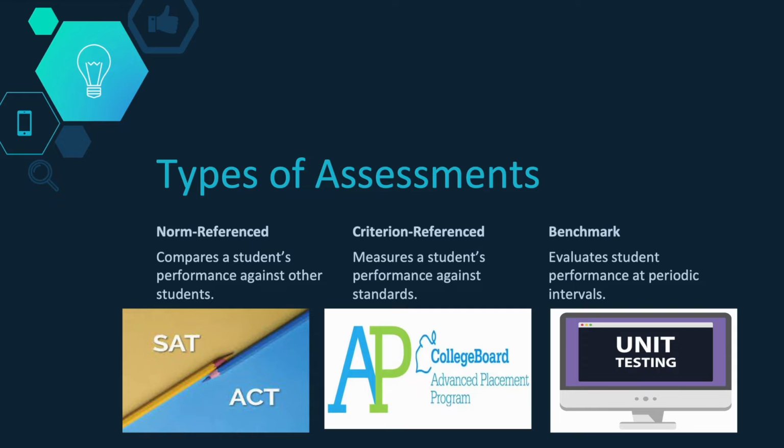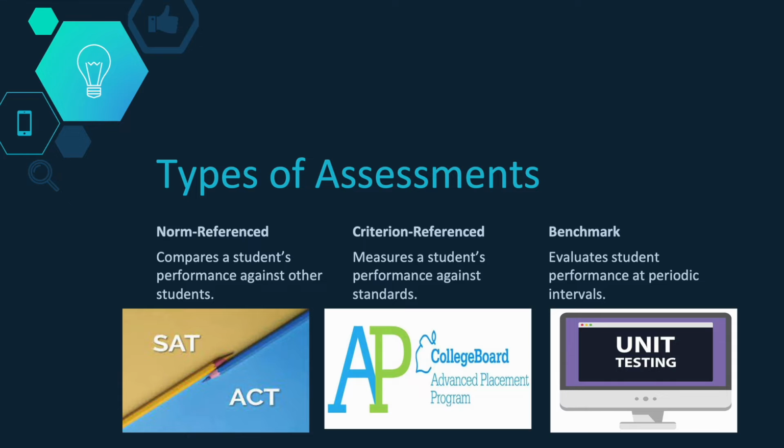Then we have the norm reference assessments. Those compare a student's performance against other students. And criterion reference are where it measures a student's performance against a standard. So those two I still get confused sometimes.